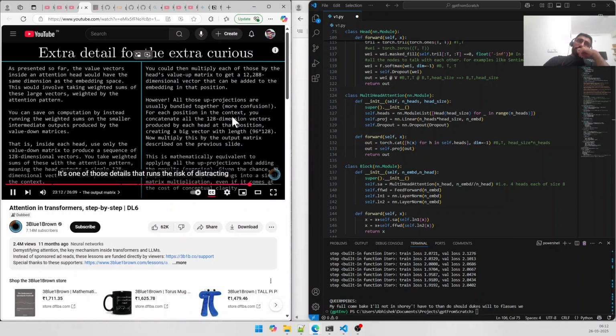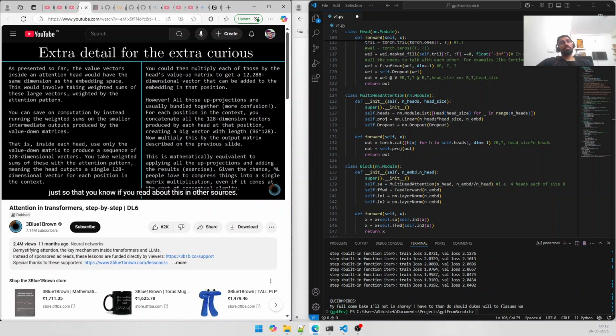It's one of those details that runs the risk of distracting from the main conceptual points, but I do want to call it out just so that you know if you read about this in other sources.